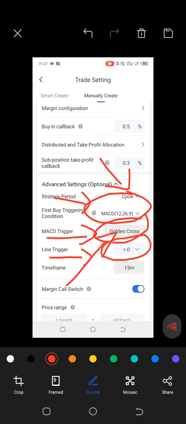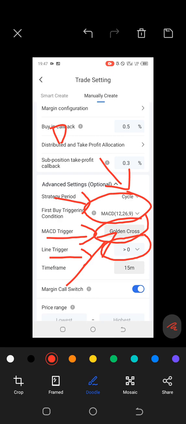Because we are trading the spot market, the golden cross on the MACD is what is fixed there, because on the spot market you can't trade the death cross. The death cross is used on the futures market where we trade on short.